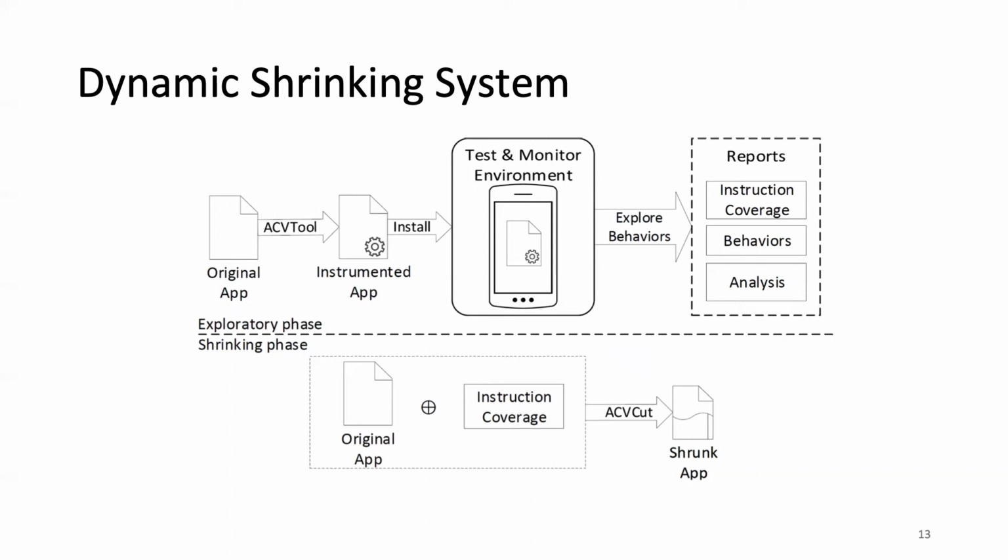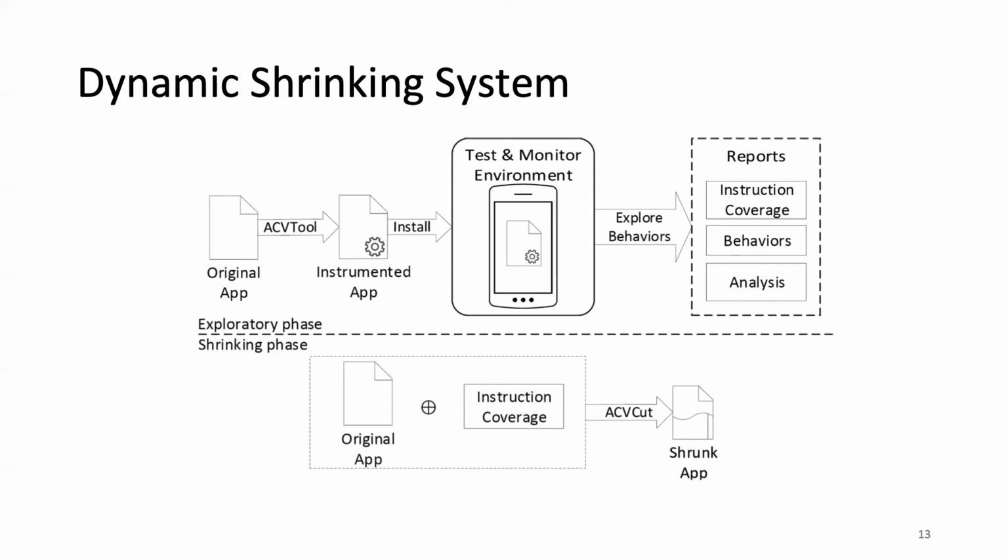First we need to instrument the application using the ACV tool to unlock the code coverage functionality. Then we install it in a test and monitor environment. So we can test the application, explore some behaviors, and finally we can generate instruction coverage.